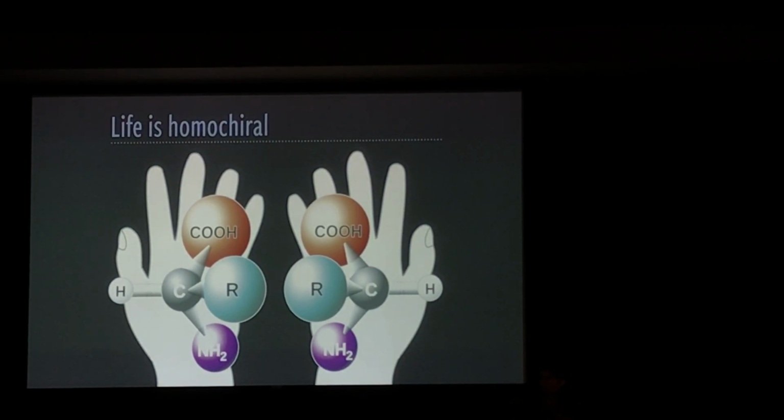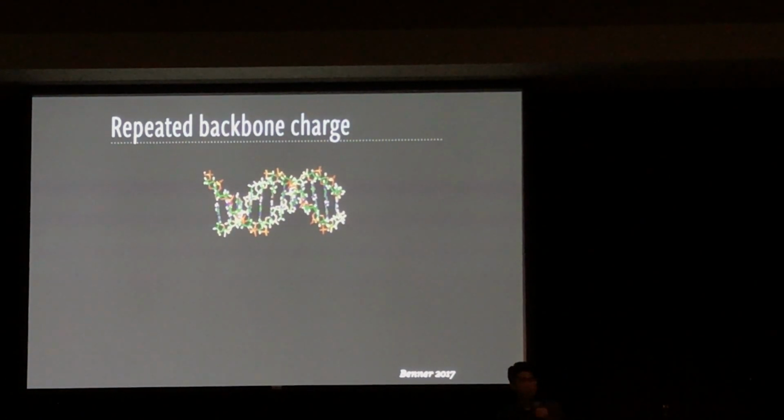Because abiotic settings that create amino acids and create sugars will tend to create them in equal proportions of left and right-handedness.